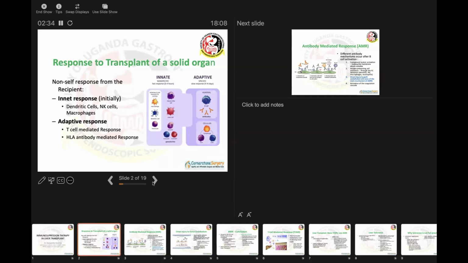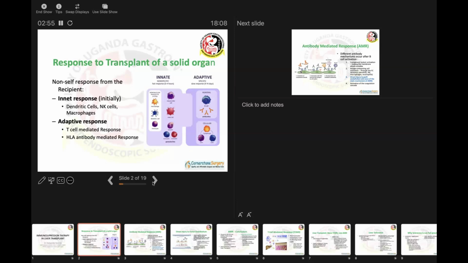Initially, when you put in the transplant, the innate response is set in. Within the first 4 hours, the macrophages are mobilized, the dendritic cells, natural killer cells, and many other types of cells. These are also called the antigen-presenting cells.